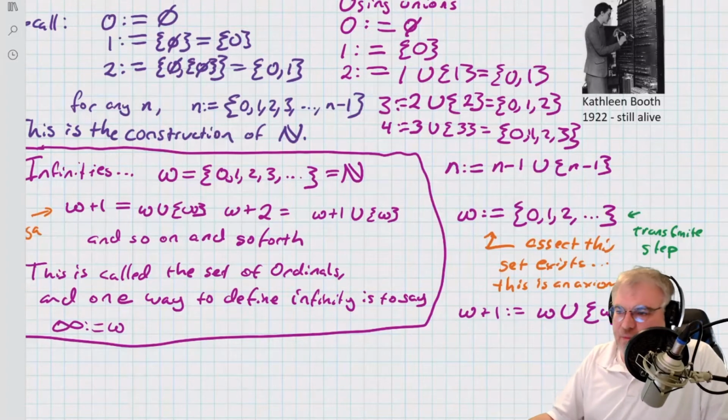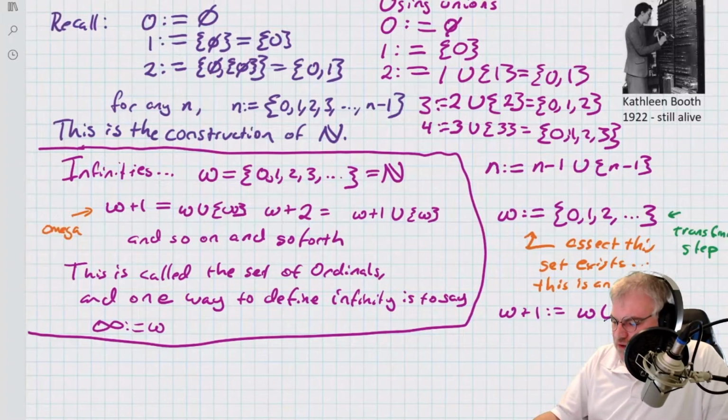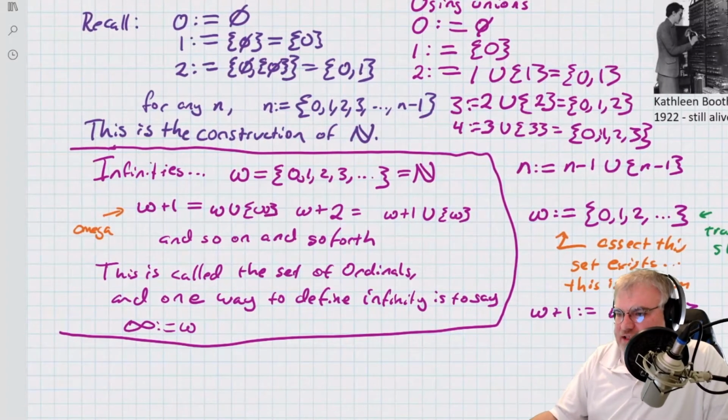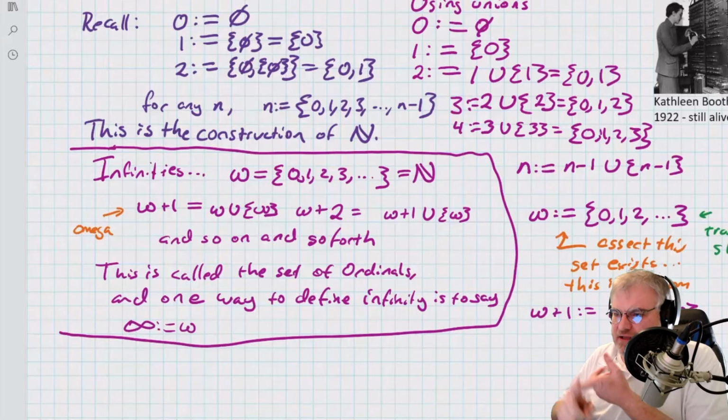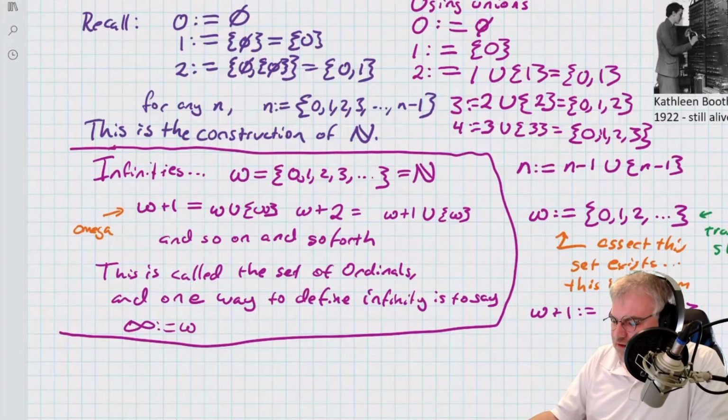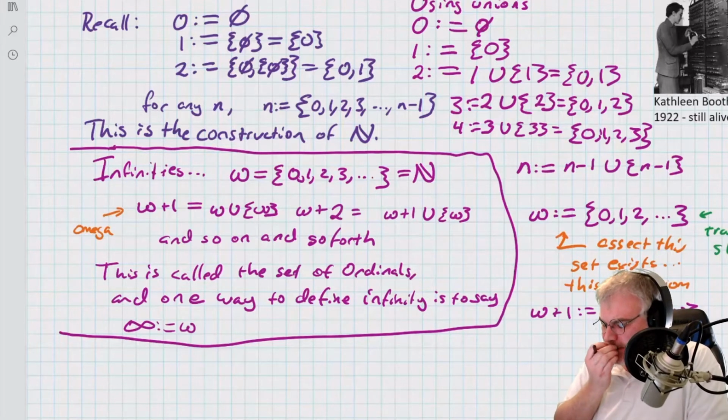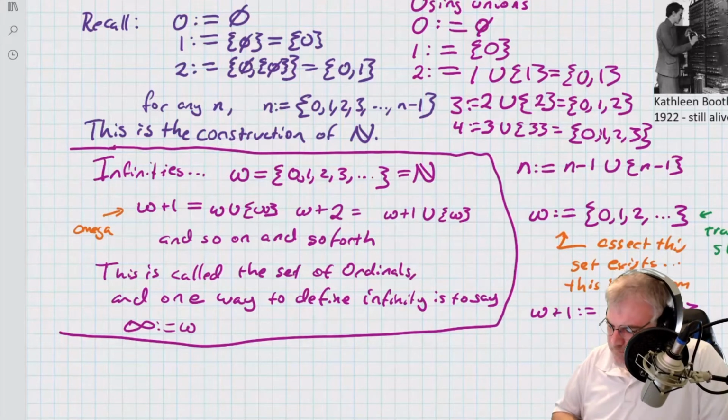Without that, I can't prove that this set exists without asserting it. Remember, we had those axioms for finite sets, that any finite union existed, and this is a finite union, right? But I haven't asserted that this set exists. There are a bunch of others too.